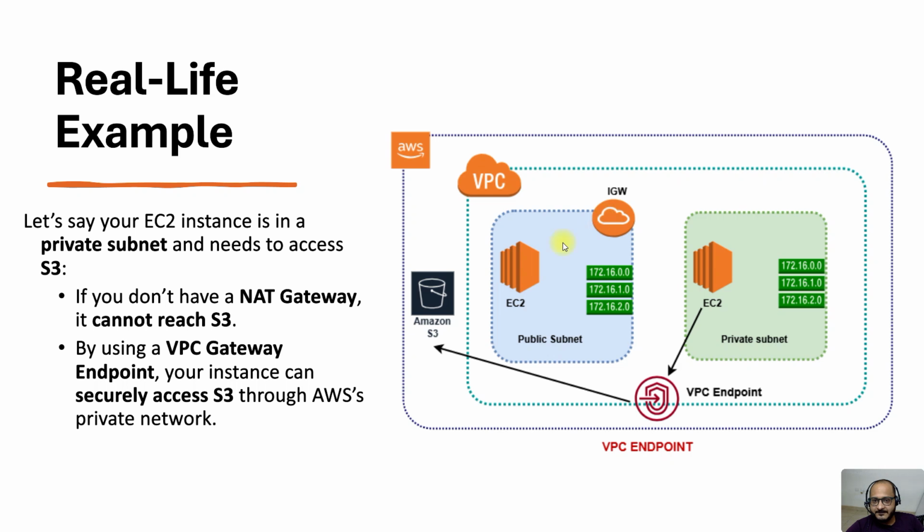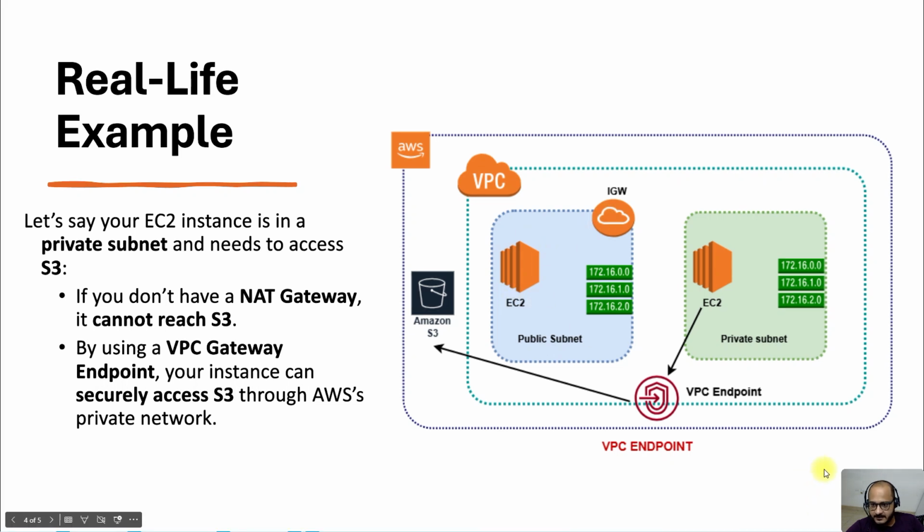Let me open a marker here. From our local system I will log into this EC2 instance, and from this EC2 instance I will connect to the S3 bucket using the VPC endpoint. Let's see what challenges we will face while we do this particular setup.